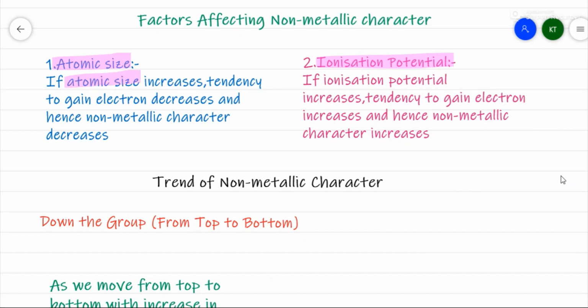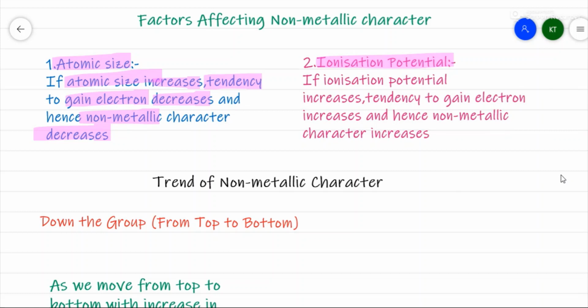If the size of an atom increases, that means the size of an atom is more, so I cannot gain an electron easily because the size is more, the electron will be outside somewhere, so it takes large energy to pull the electron. So my tendency to gain an electron will decrease. As my tendency to gain electron decreases, non-metallic character will decrease.